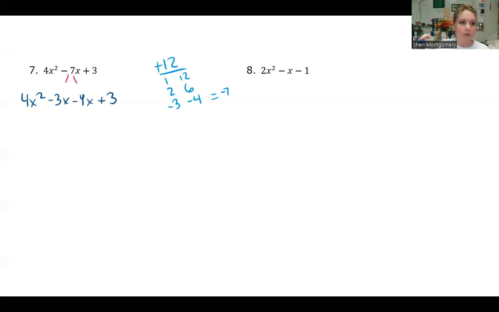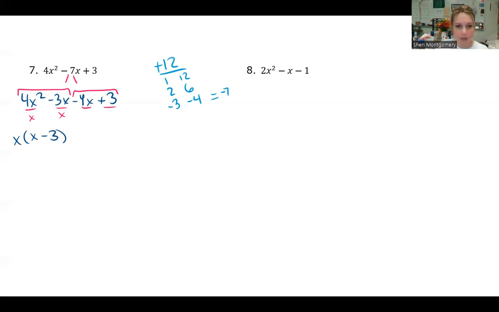And now we're ready to do factor by grouping. So my goal is to get a second factor that is x minus 3.